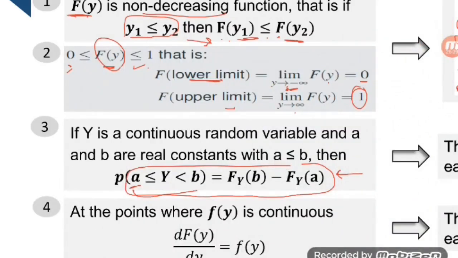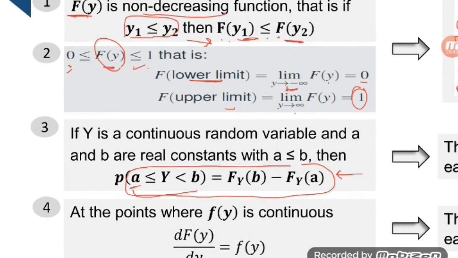Now move to property number 4, which is that at the points where f(y), the PDF, is continuous, we can find the probability density function from the cumulative distribution function by differentiation.